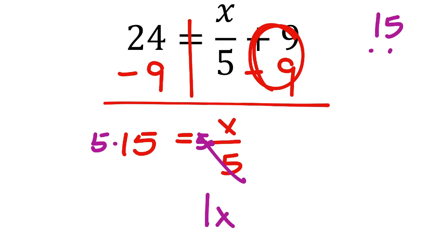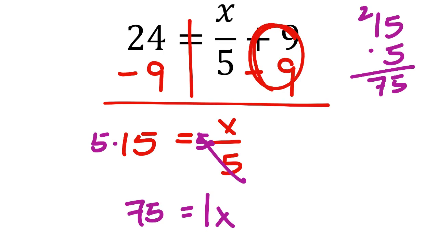Let's show the multiplication for this. 15 times 5. So there's a 25, carry the 2. 5 times 1 is 5 plus 2 is 7. So the x ends up being 75. And again, let's just check our work. Does 24 equal, question mark, x, so 75 over 5 plus 9?